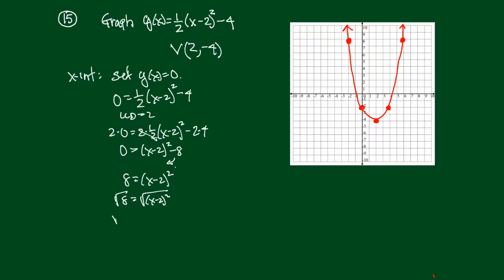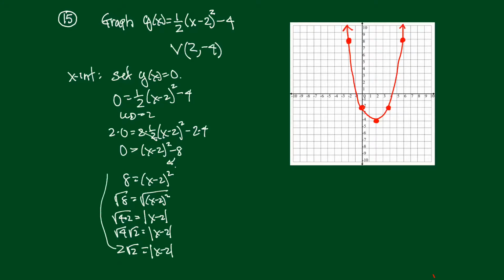It's the square root of 4 times 2. Now, on this side, I'm taking the square root of the square, so I get the absolute value of x minus 2. And on the left side, I can split those up. Square root of 4 is 2, so here's where we are. 2 square root of 2 equals absolute value of x minus 2.